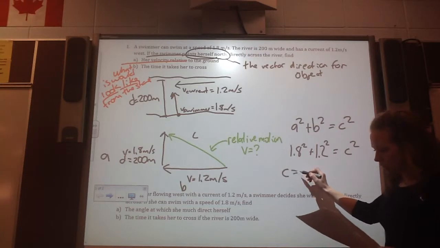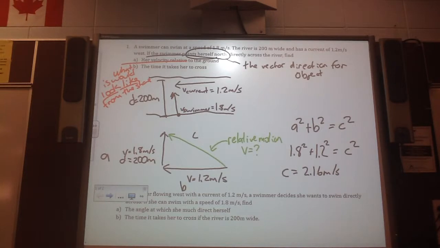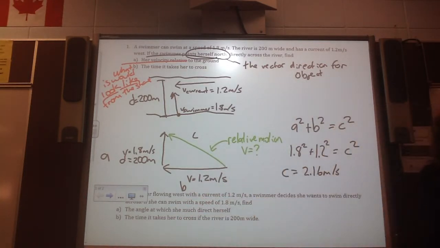So then c is equal to 2.16 meters per second, which, if we think about it, the actual person is swimming 1.8 meters per second. This is faster. That seems obvious, right? Because the river is pushing the swimmer down with the current. So she's going to be moving across faster than what she could physically swim. Like, you know that when you get in the river and you swim with the current downriver, you move faster, right? And so that's why this would make sense.